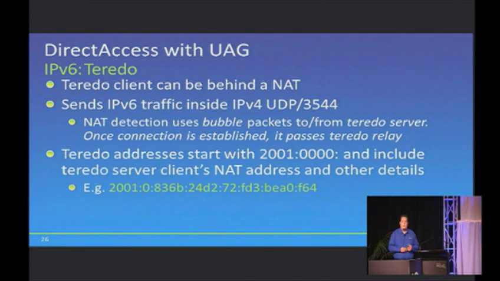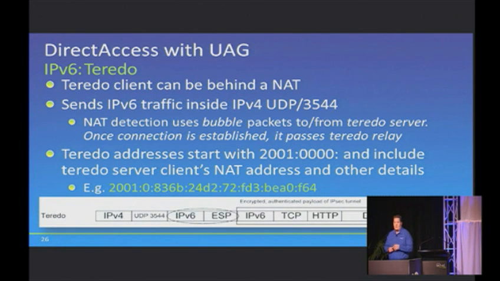So when I went to Australia, I was using Teredo, and that was just because I was behind a NAT. I didn't have a public IP, so everything was encapsulated into UDP traffic, IPv4 UDP traffic. So once again, encapsulation, redirection, encapsulation, and routing. That's the way things work today.